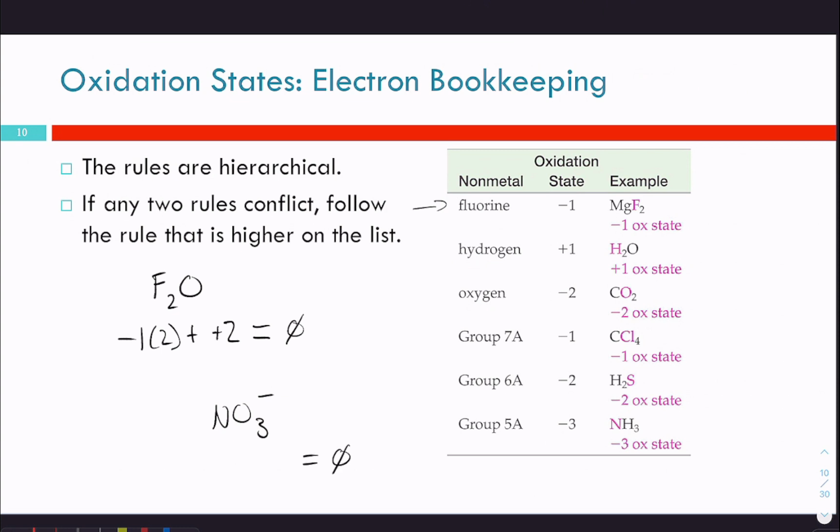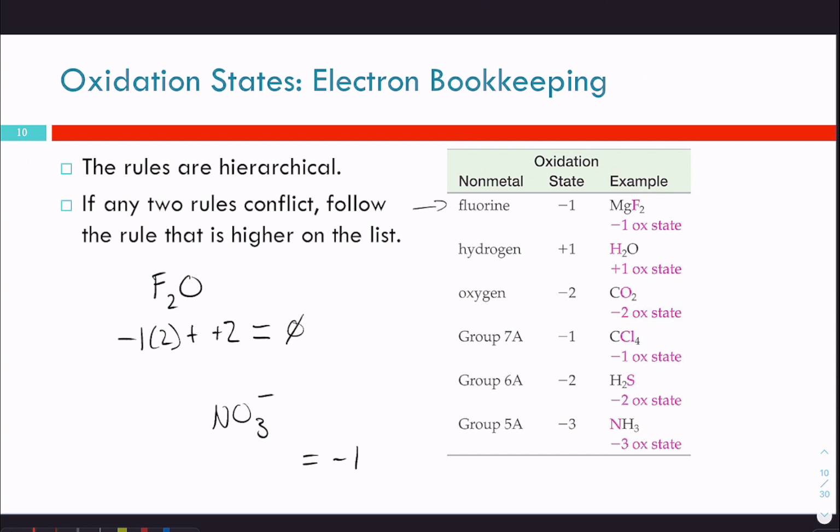Remember, these have to equal 0. Or actually, sorry, because this is an ion, this has to equal -1. So for ionic, all the polyatomic ions, it's got to equal the charge for the overall ion.